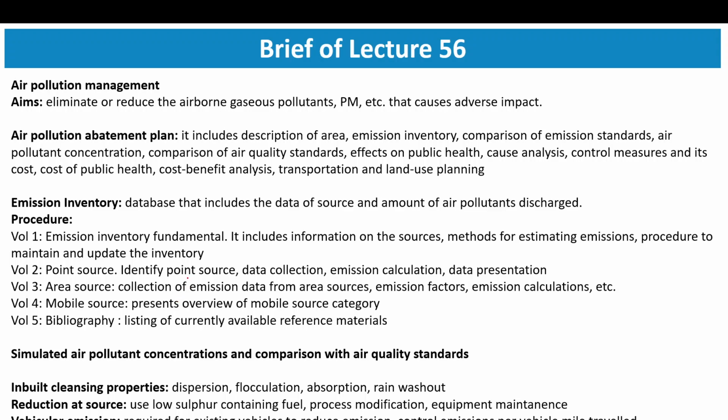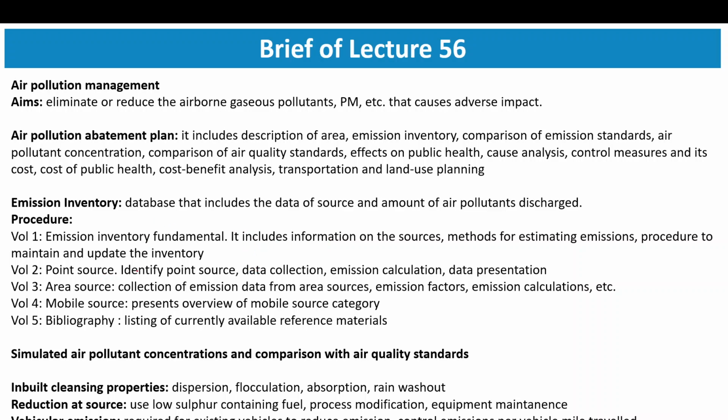The first volume includes information on the sources, methods for estimating emissions, and procedures to maintain and update the inventory. So it gives the general idea of the sources, the methods for estimating emissions, the procedure to control the emission, and so on.